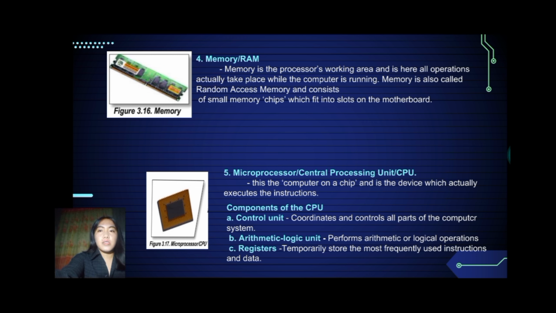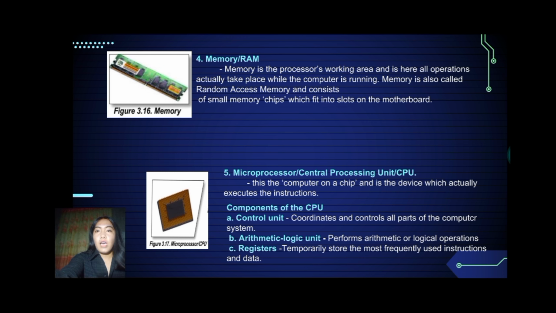The microprocessor, also known as the Central Processing Unit or CPU, is often referred to as the brain of a computer. It is responsible for executing instructions and performing calculations that are fundamental to a computer's operation.